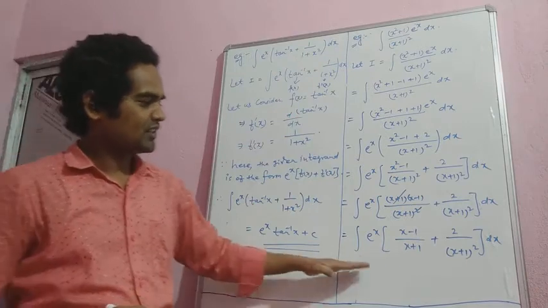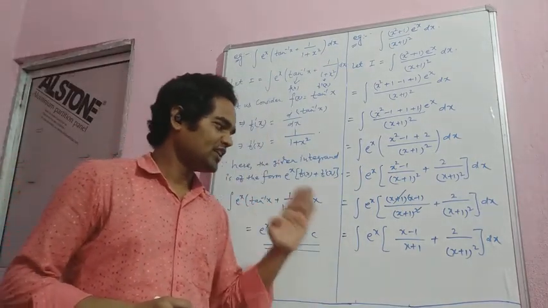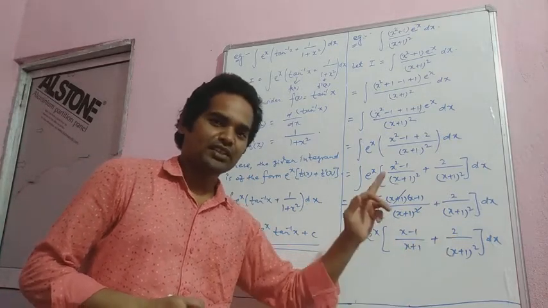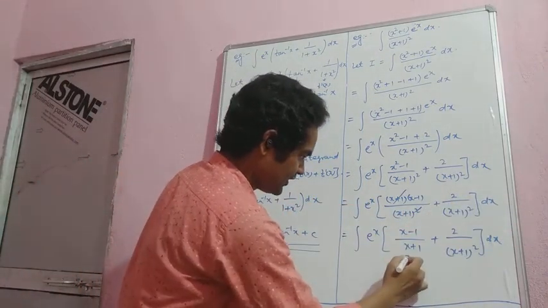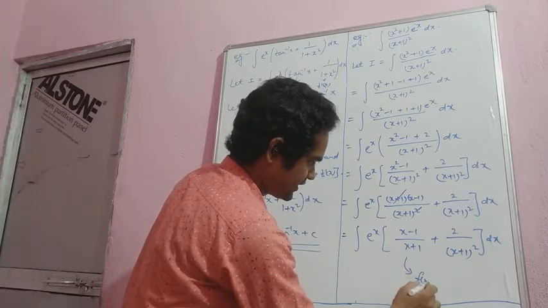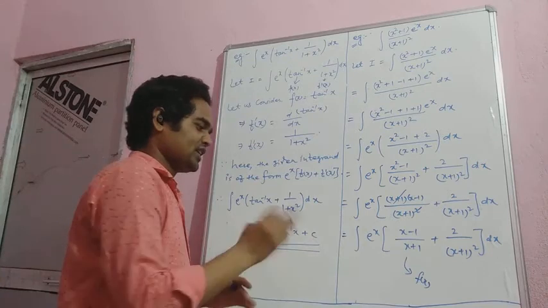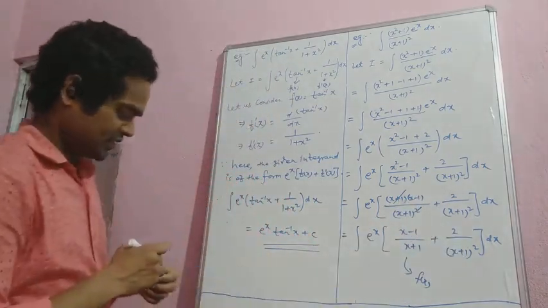Now students, in this expression we can easily assume f(x) and its derivative f dash x. Now here let this function be f(x), and the derivative of f(x) will be 2 upon (x plus 1) whole square.